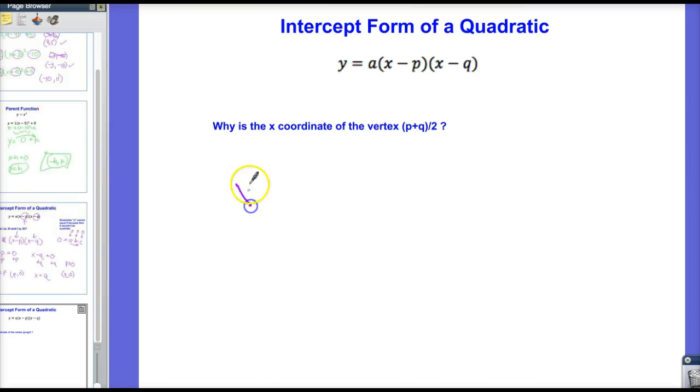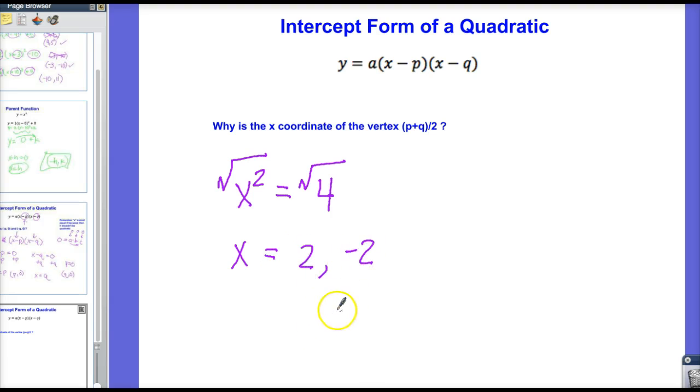So if I have something like x squared equals 4, when I solve for that by taking the square root of both sides, I know that x can either be 2 or negative 2, because negative 2 times itself is 4, and 2 times itself is 4.